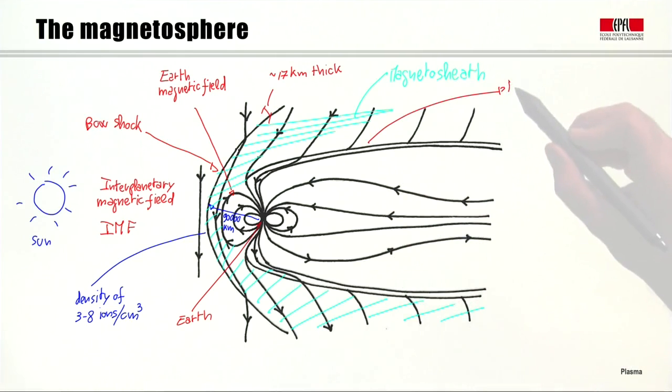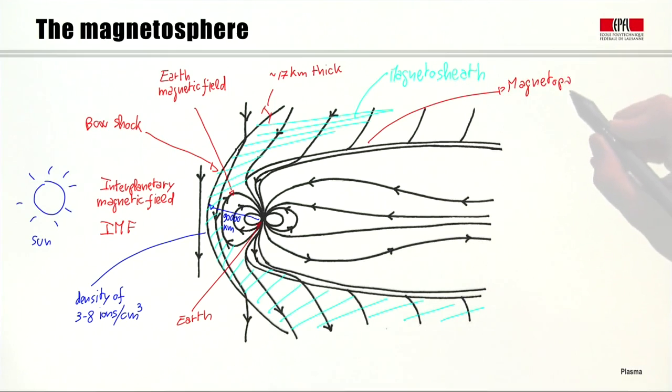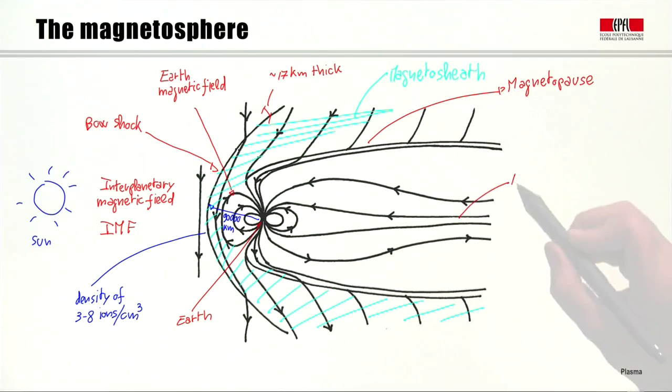The region where the pressure of the magnetic field equals the pressure of the magnetosheath is called the magnetopause. By dragging the magnetic field lines of the Earth with it, the solar wind deforms the magnetic field lines and creates a magnetic neutral sheet where the magnetic field lines are oppositely directed.